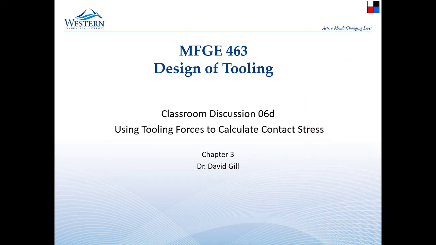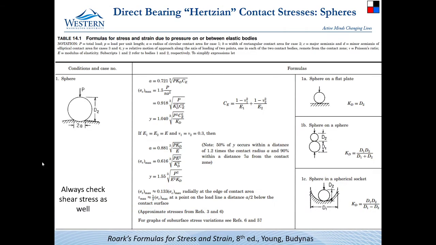Here we have the formulas for taking a sphere and putting some load P on the sphere. The sphere has diameter D, and it will indent the surface, and the diameter of the indented section will be 2a.